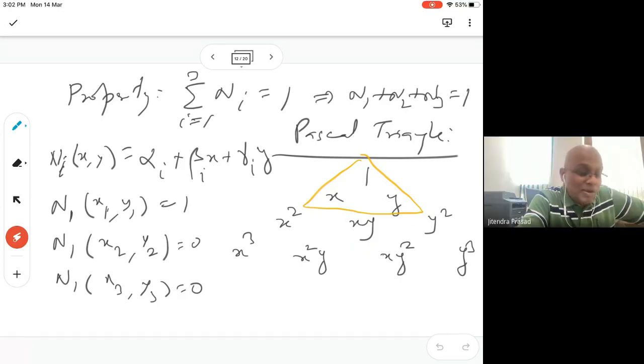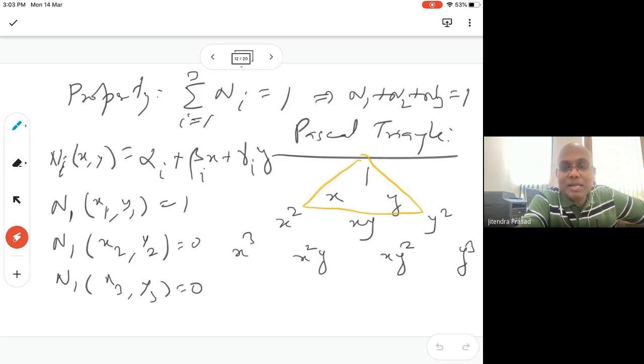In some cases, if you have 5 nodes, for example, then you don't know what to do. Then you can miss this one and have this x square, then this. That way, sometimes it works. You have to try and see whether it's working or not, then you can change. But try to make it symmetric.